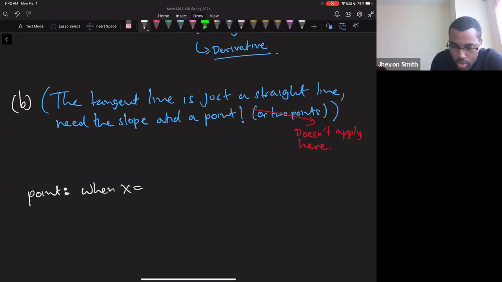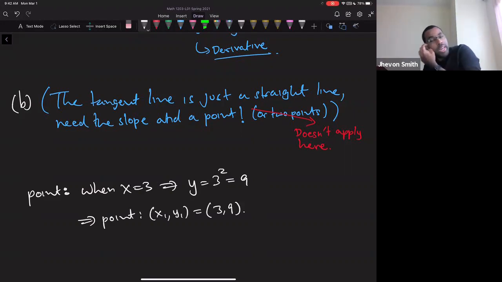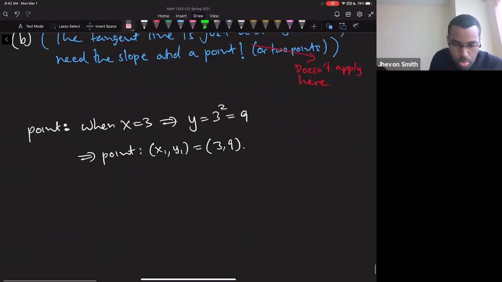When x equals 3, our y would be 3 squared, which equals 9. This means the point x1, y1 equals (3, 9). So yeah, we know the point, or we know how to find it. You tell me the input, I can find the output, I can get the point. How do we get the slope? Well, that's what we just figured out.